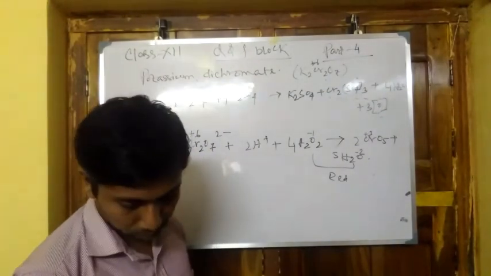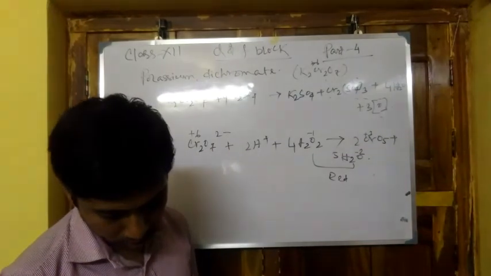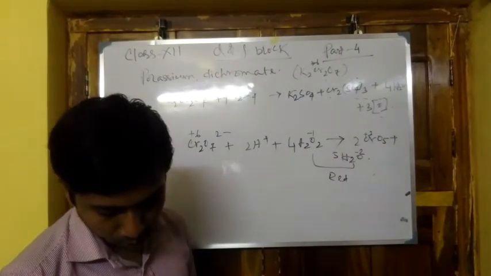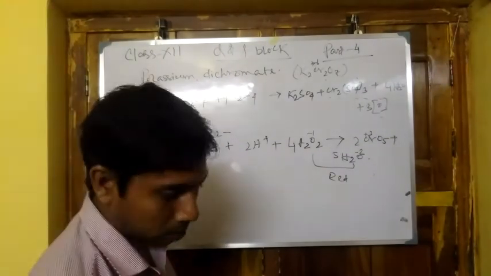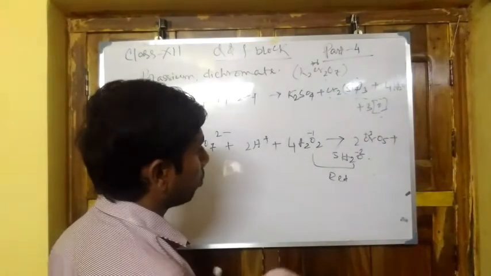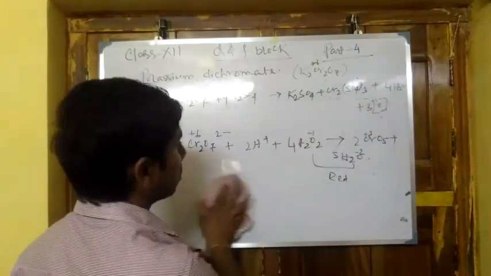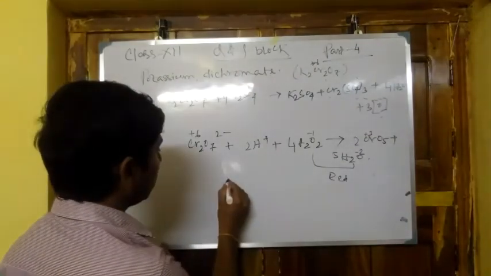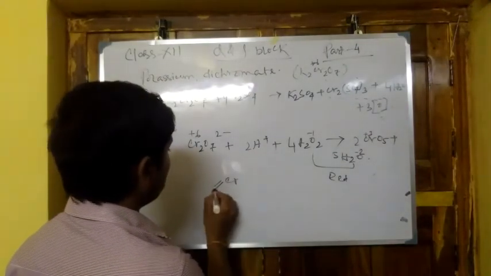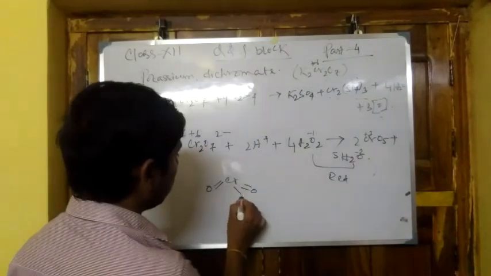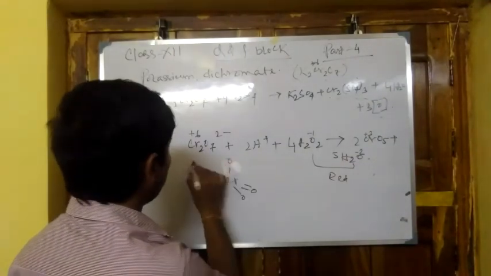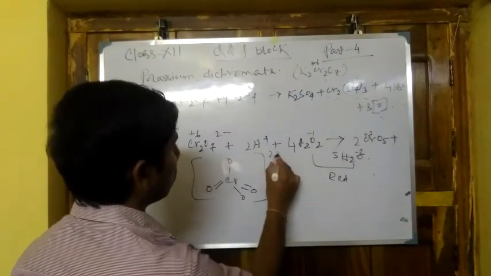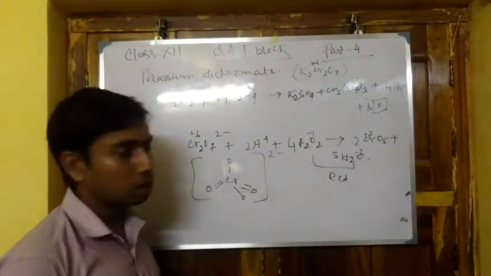Next, the structures of chromate, CrO4 2 minus, and dichromate. Chromate has a tetrahedral structure. It is the structure of chromate.